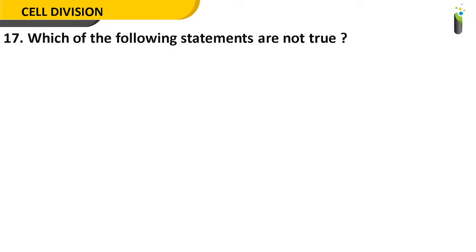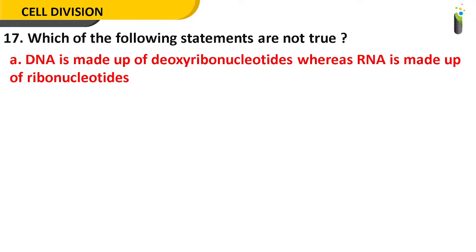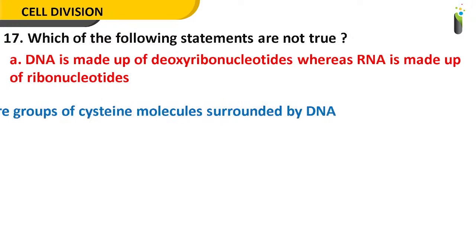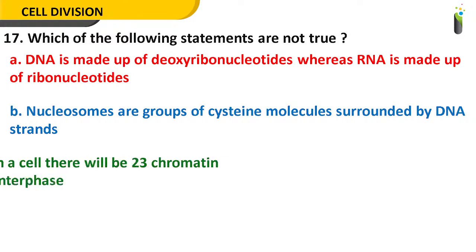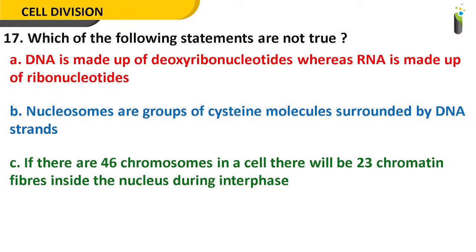Now coming to question number 17, which of the following statements are not true? That is the wrong statement. A. DNA is made up of deoxyribonucleotides, whereas RNA is made up of ribonucleotides. B. Nucleosomes are groups of cysteine molecules surrounded by DNA strands. C. If there are 46 chromosomes in a cell, there will be 23 chromatin fibers inside the nucleus during interphase.